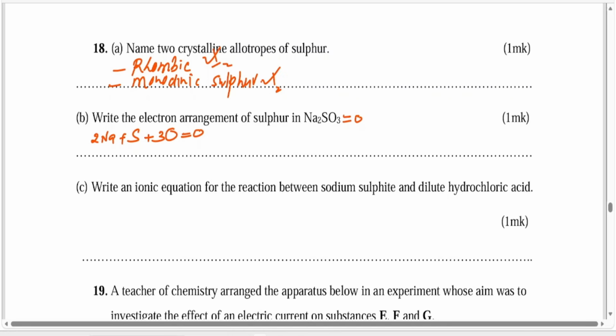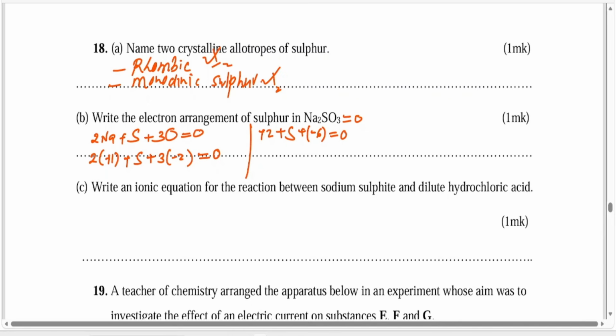The one for sodium, I know it's supposed to be positive 1, because I know sodium loses 1, plus the one for sulfur, plus 3 times the one for oxygen, which is negative 2, equals 0. So it's going to be positive 2 plus sulfur plus negative 6 equals 0.